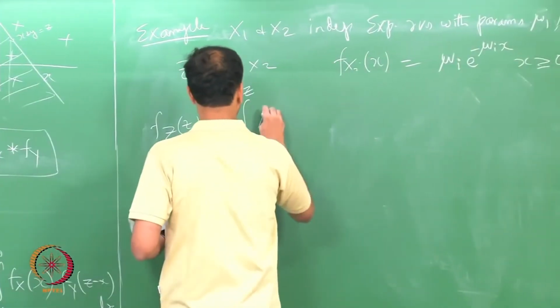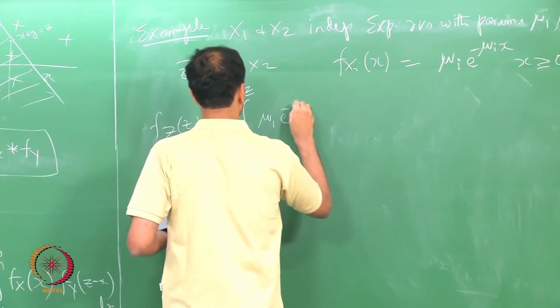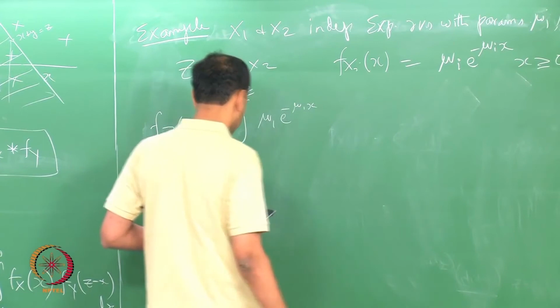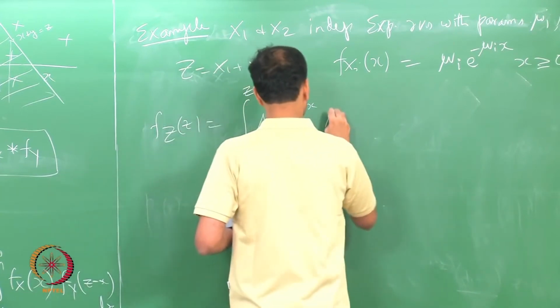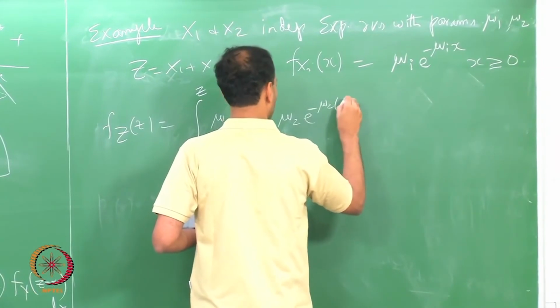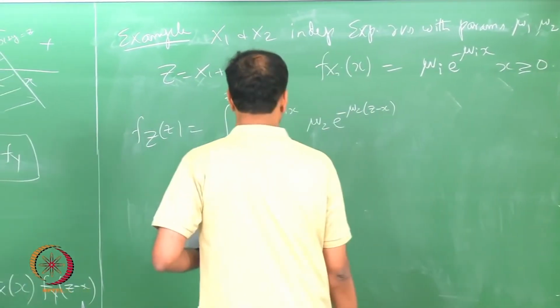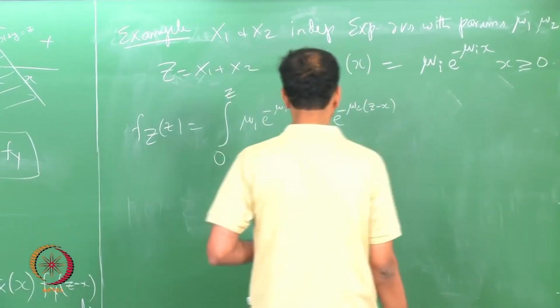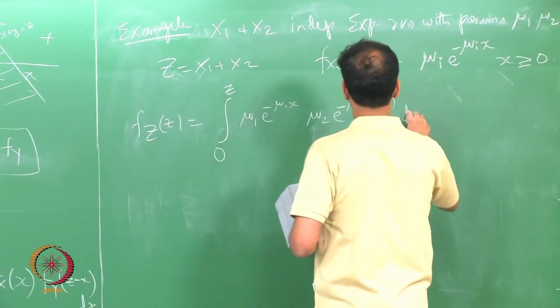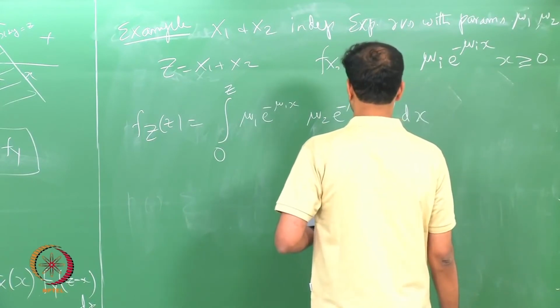You will get mu 1 e power minus mu 1 x, mu 2 e power minus mu 2 (z minus x) dx, isn't it?